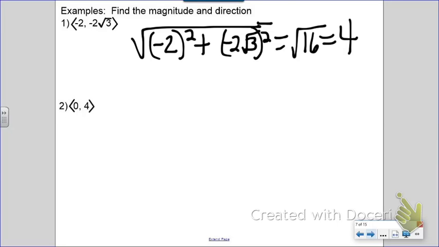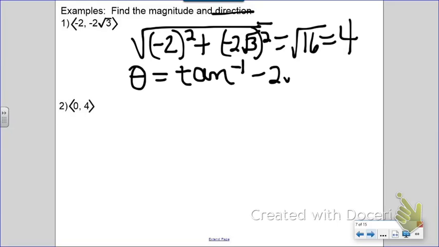Then to get the direction, we know the magnitude, but we don't know everything about it, so we're going to use the theta equation. The formula when x is negative is inverse tangent of y over x, so inverse tangent of negative 2 square root of 3 divided by negative 2, plus 180.